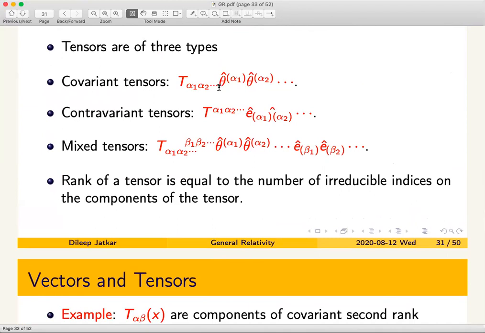Suppose they carry n indices, then you need to take a collection of n vectors, and the covariant tensor acting on n vectors would give you a number. Similarly, a contravariant tensor with k contravariant indices would act on k dual vectors and give you a number.